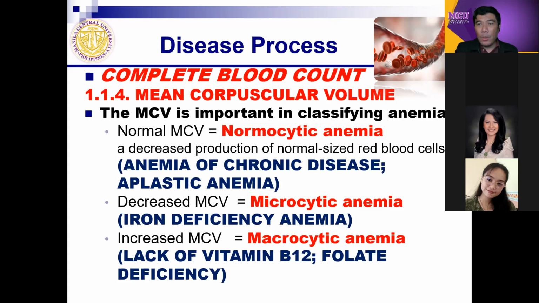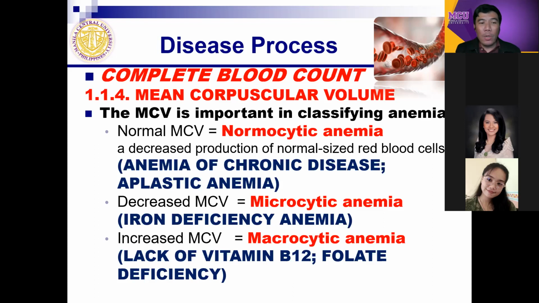So ano naman po yung tinatawag nating aplastic anemia. So pag sinabi naman nating aplastic anemia, this is usually a very rare disease. Pag sinabi nating aplastic, the bone marrow is not producing an adequate number of new blood cells.